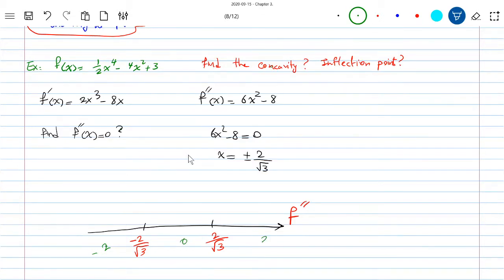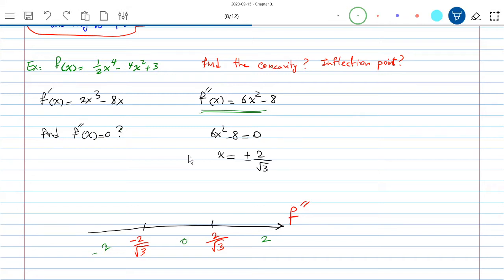Here's 0 and here's +2. Just make sure that these numbers belong to the corresponding interval. I'll place -2 into the second derivative, not the first derivative. Using test point -2, you get 6 times -2 squared, which is 24, minus 8 is 16. So you get a positive value.